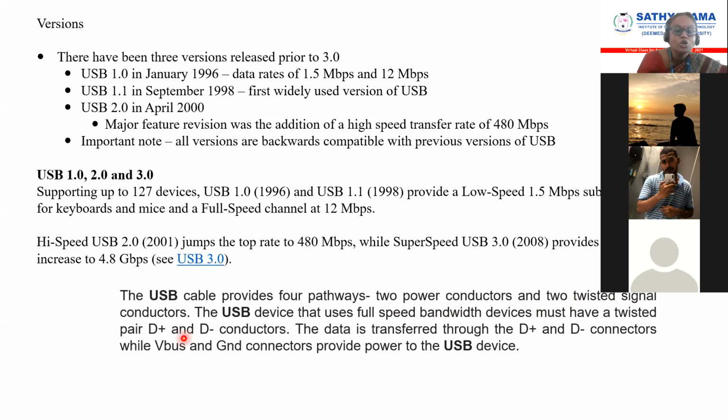For data transfer we have two twisted conductors, D plus and D minus. Are you clear? USB has four pathways, not visible to us: one for supply and ground, and another for the D plus and D minus conductors.